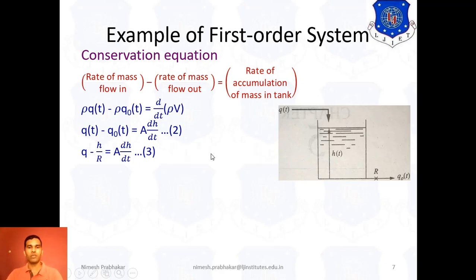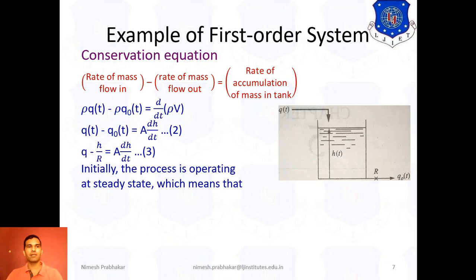At the initial state, the process is operating at steady state, which means there is no change in the height of this tank. At the initial state, there is no input and no output change, so there is no variation in the height.